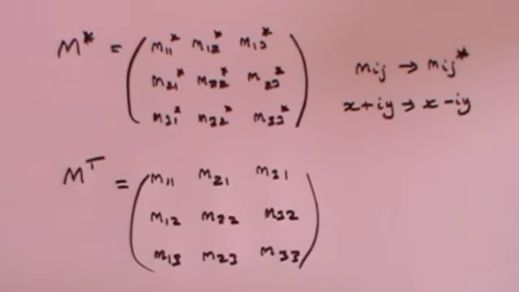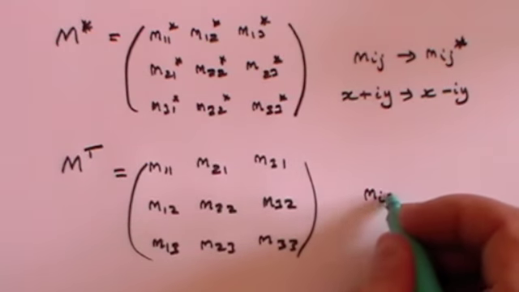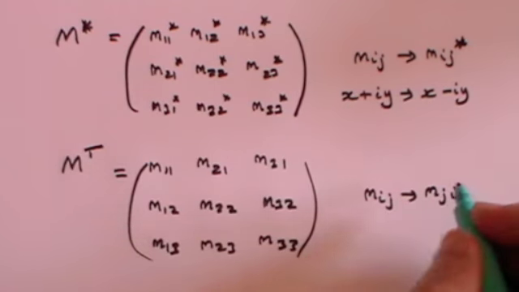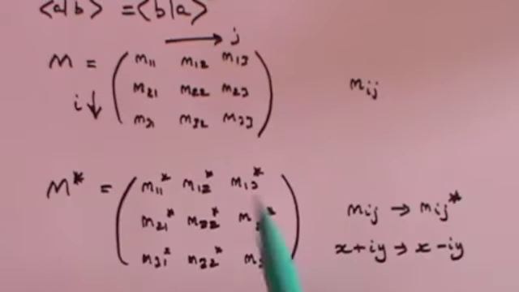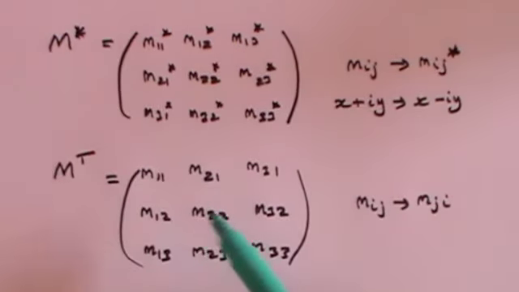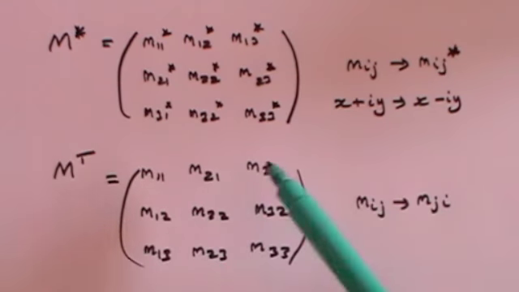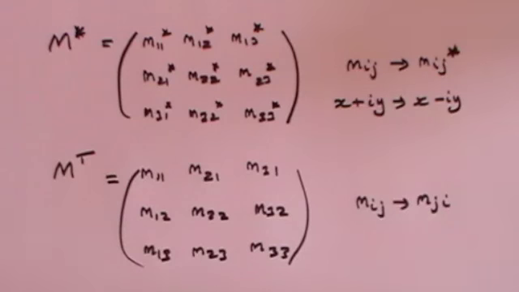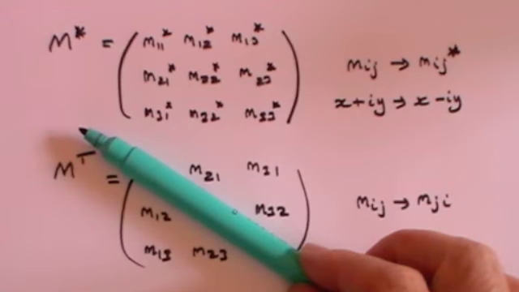That's what's called a transposed matrix, or, the more general term, Mij has become Mji. You've just interchanged the rows with the columns. You'll notice, however, that the diagonals remain the same: M11, M22, M33. But these two numbers have interchanged. They transpose positions. It's a kind of mirror image about the diagonal.